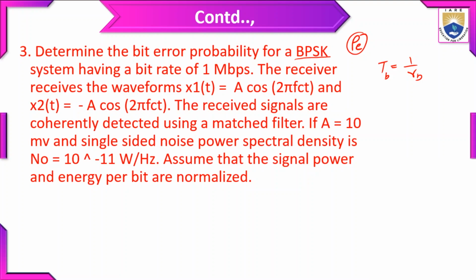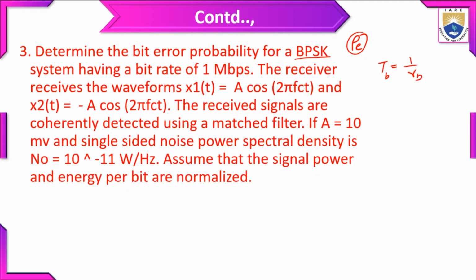After that, the received signals are coherently detected using a matched filter. The detection process depends on two types of receivers. One is a coherent detector, that is nothing but a matched filter, and another is the correlation receiver. In this problem they are using a matched filter.